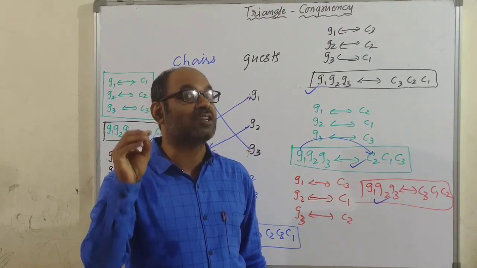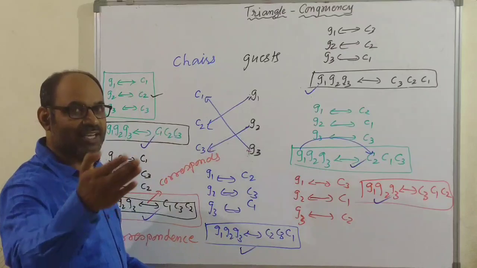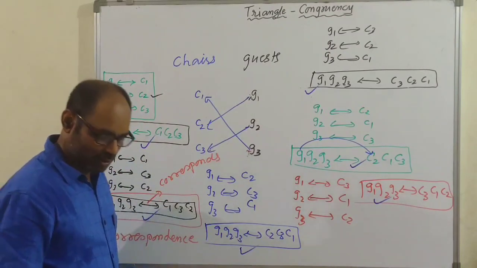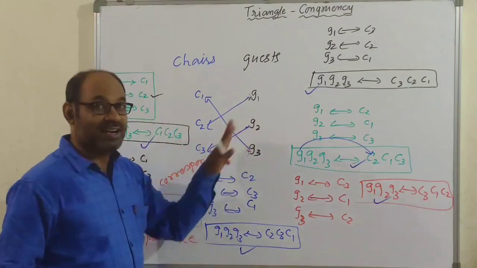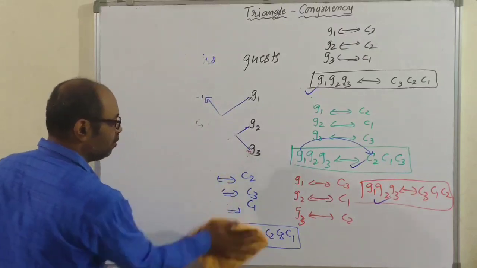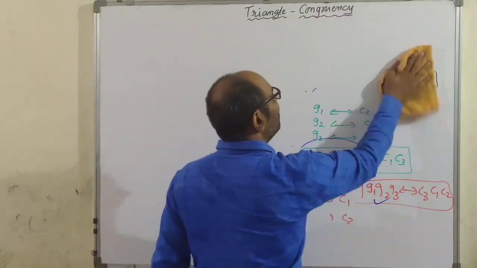The mathematical term used is correspondence. Correspond means associated, linked, connected, joined. Alright? Okay. Children, here let's talk about the correspondence between the vertices of 2 triangles.